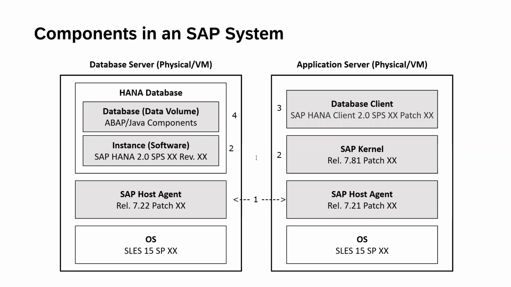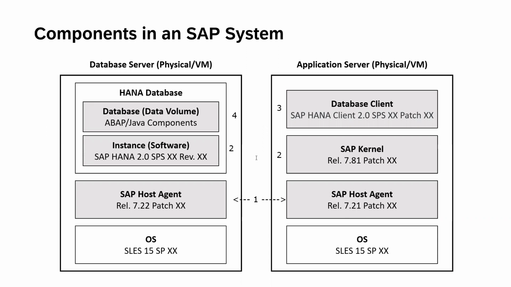These are nothing but your database libraries, which are also called DBSL, database SQL libraries. The application server uses those libraries to communicate with your database. That is why it is required alongside your application server. Even if you don't install it on your database server, it will not affect it.